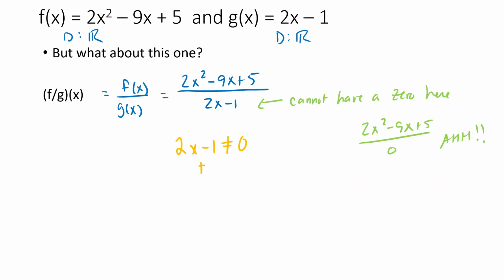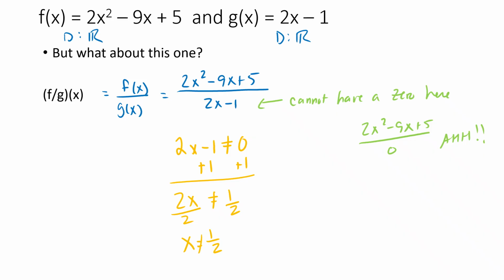Now, this is one of these little things that I tend to do. We're just going to go ahead and solve this. So negative 1 plus 1 is 0. 0 plus 1 is 1. And then we'll divide this by 2. 2 divided by 2 is 1. And we end up with x cannot be equal to 1/2. If x is equal to 1/2, then we're going to have an issue with that denominator being equal to 0. So how would you write the domain of this resultant?